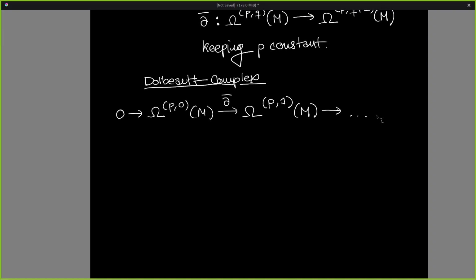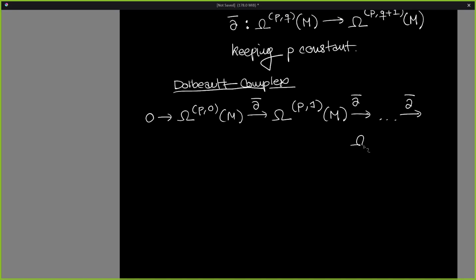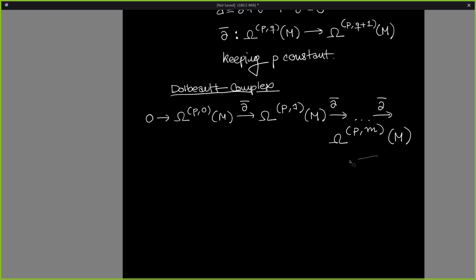And then dot dot dot, and then the last one, which will be the highest grade possible, omega^{p,m} on M. We're running out of space to make this chain, so let me make it smaller.